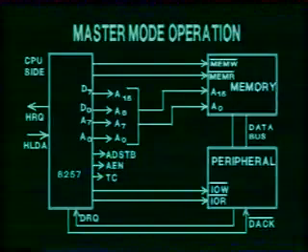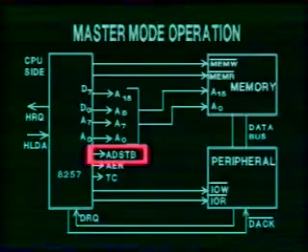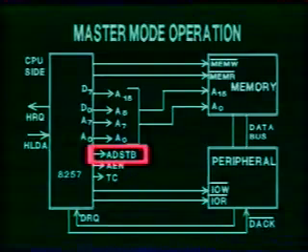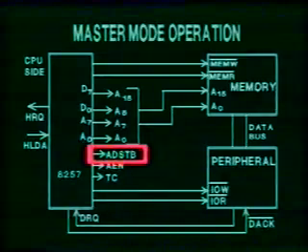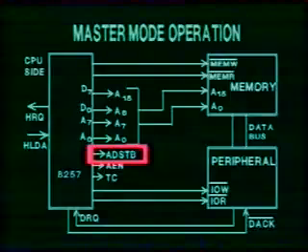A second control signal is what is called the address strobe control signal, which is made active whenever the DMA controller wants the memory units to latch the address information available on A0 to A7 and D0 to D7.